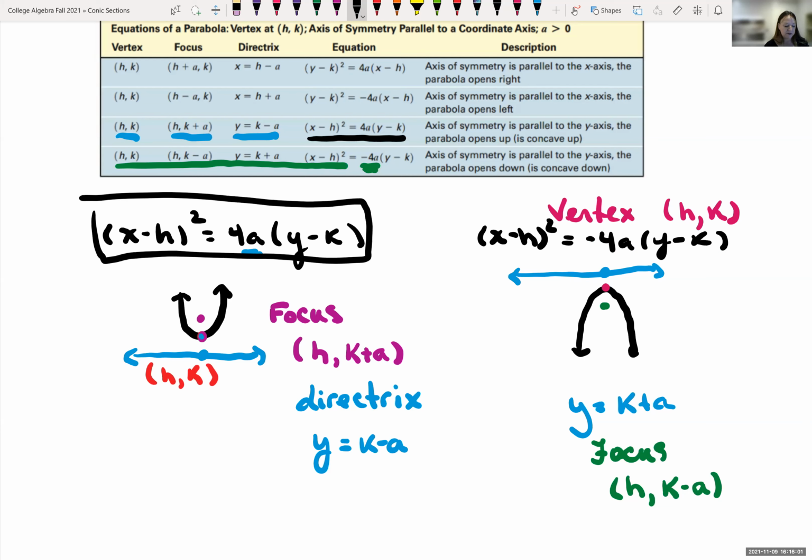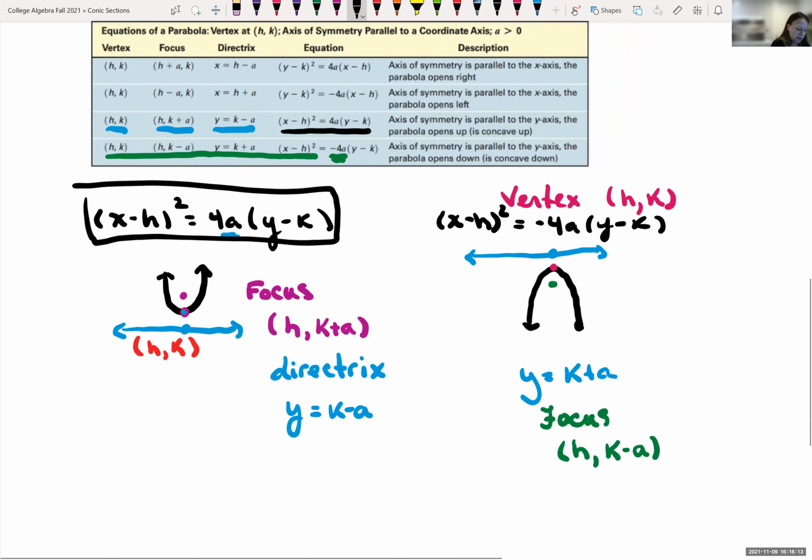Okay, so same sort of idea, but now looking at them as left and right. So if we're looking at this, and it's opening up towards the right, to me, if it's opening up towards the right, it's facing the positive x values. And that tells me that it's positive in front of here.